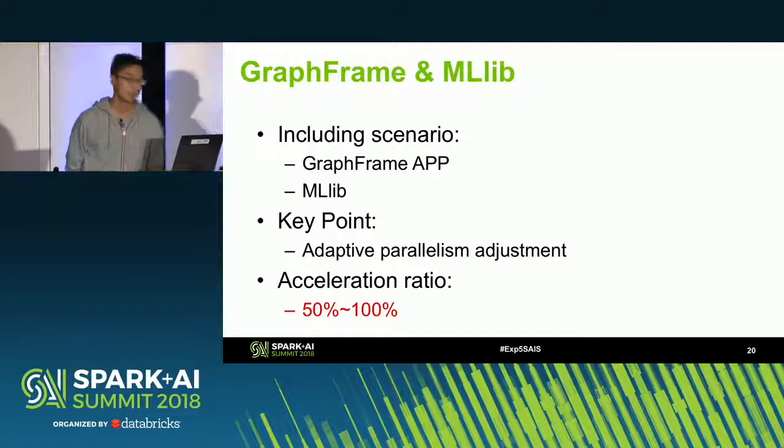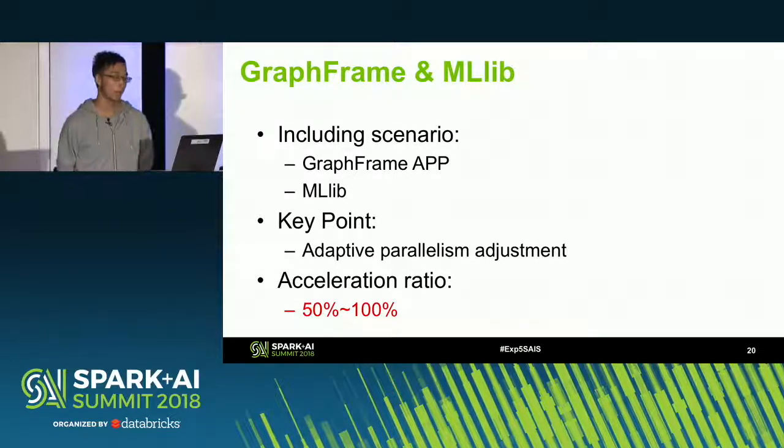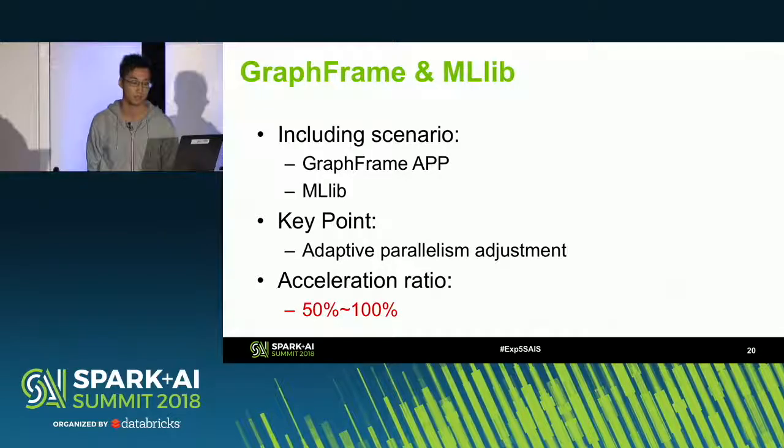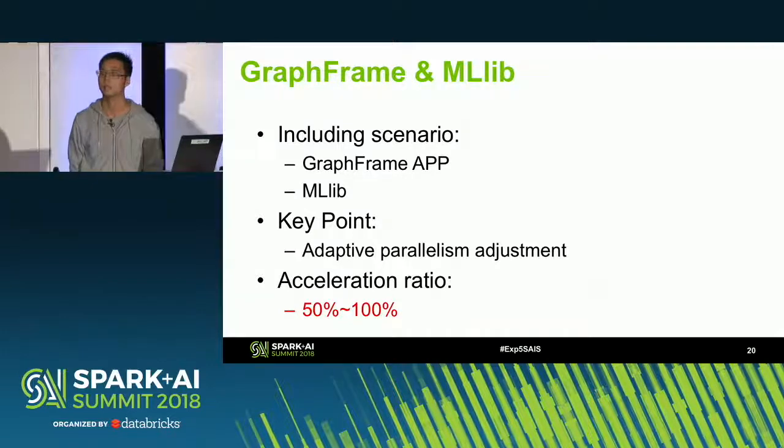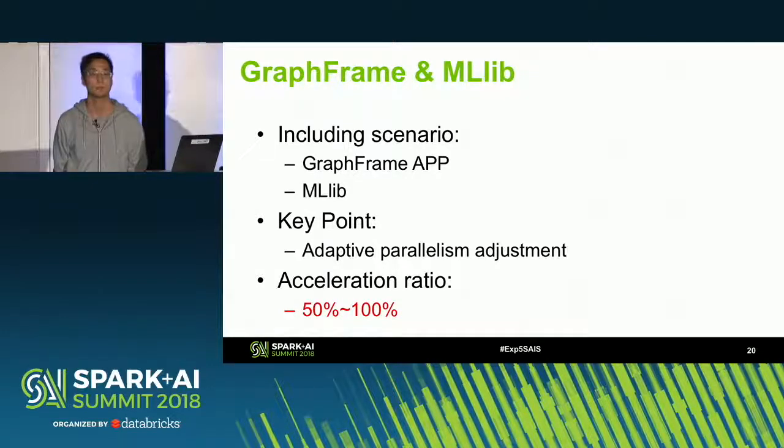Okay, the last scenario, GraphFrame and the machine learning library. Here you may notice that I wrote GraphFrame, not GraphX, because currently the adaptive execution is based on the DataFrame and Dataset API. So the old version of GraphX and the ML applications based on RDD can't hit the adaptive execution. Actually, this kind of scenario has the same key point as the long-running applications.